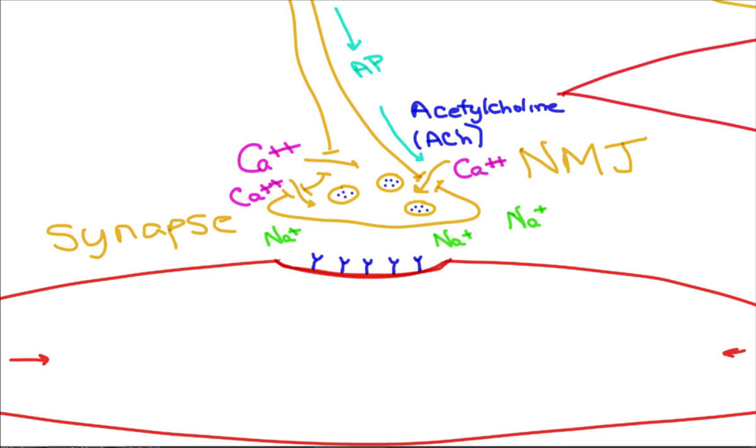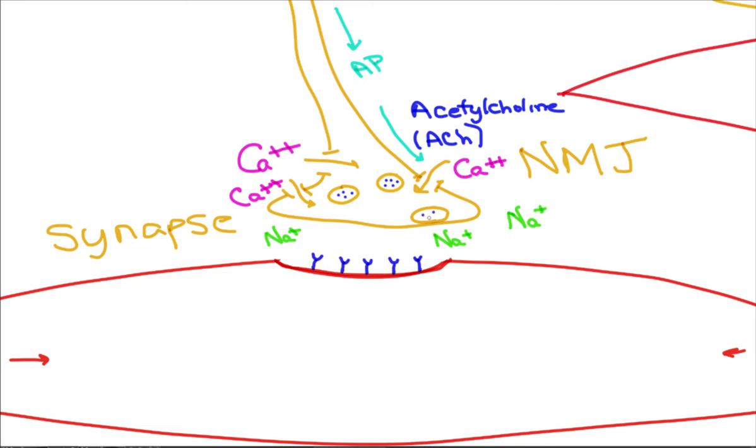All those positively charged ions moving into the terminal end are going to cause these vesicles that are full of neurotransmitter to start to migrate over to the plasma membrane. So these are going to start coming over here and moving closer to the synapse.